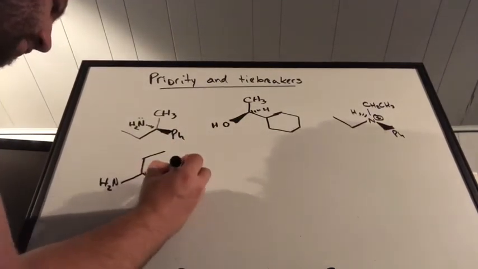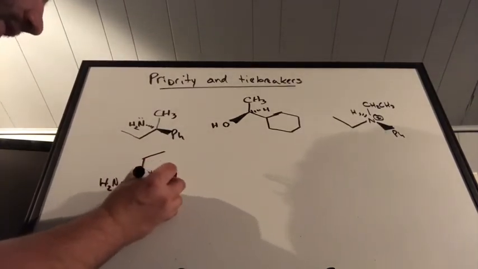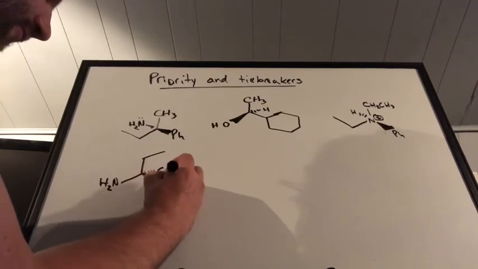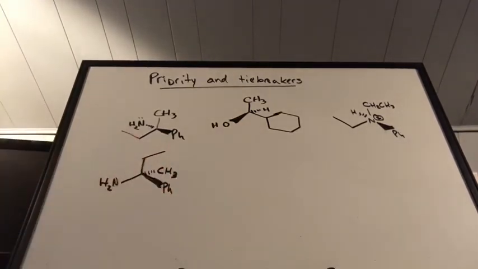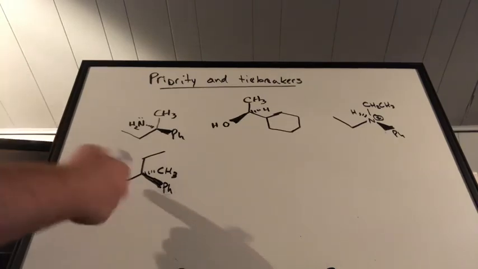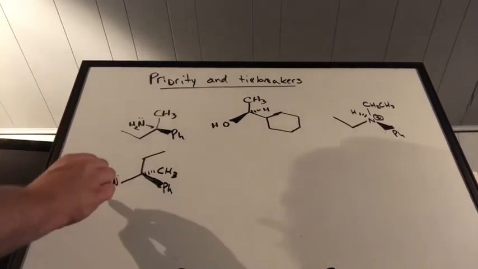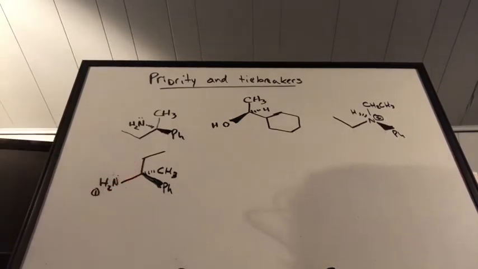And since we've just rotated that bond that's connecting the stereogenic carbon to the phenyl ring, we're going to leave it as is. Okay, so now we have our top 3 in the front. So this is going to be first, number 1, the nitrogen itself.